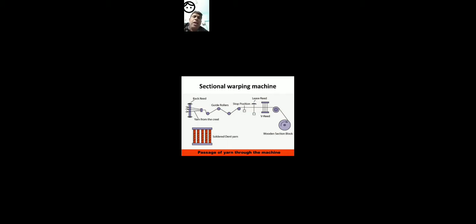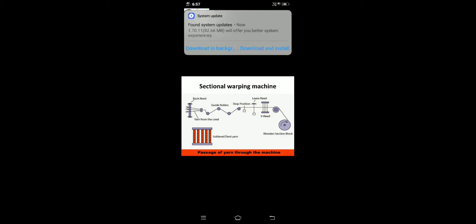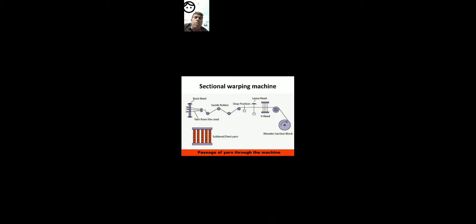Then after the guide rollers and stop motion comes the lease reed, where the yarns are separated from each other, and then it passes through the V reed. This is another kind of reed, and then after that it passes through the wooden section block. This is known as the passage of yarn through the sectional warping machine.